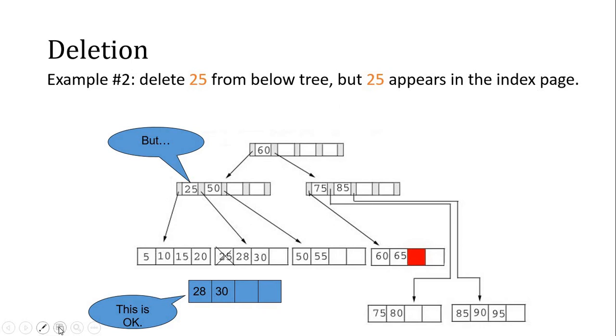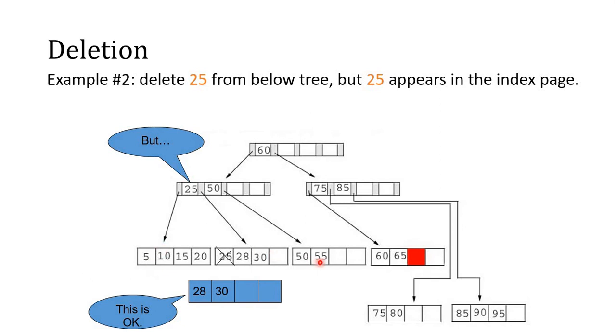But one thing is, 25 is also present in the markup level. As 25 is already present in the markup level, if you delete it from the data level, it will also be deleted. So if it is deleted, which value will represent here to direct left and right?